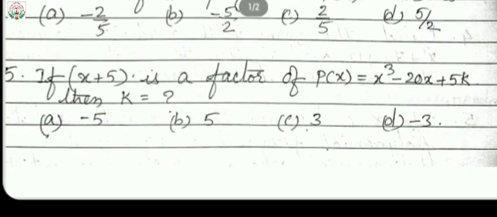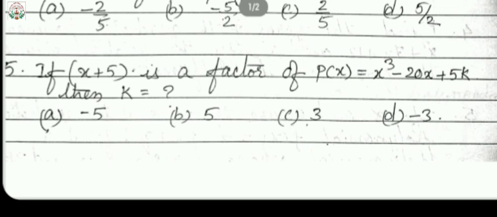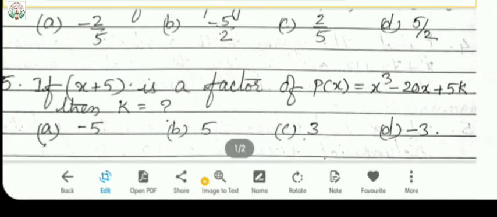Now the fifth one is: if x plus 5 is a factor of p of x equals x cube minus 20x plus 5k, then k equals question mark. Now x plus 5 is a factor of the polynomial. A factor means it is completely divisible. So x plus 5 equals 0 again, so the value of x will be minus 5.